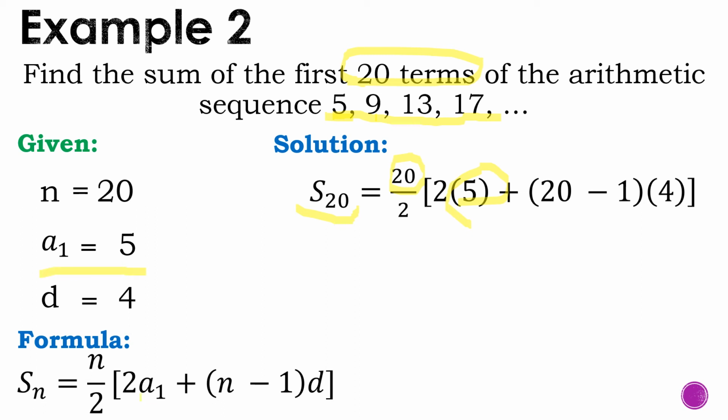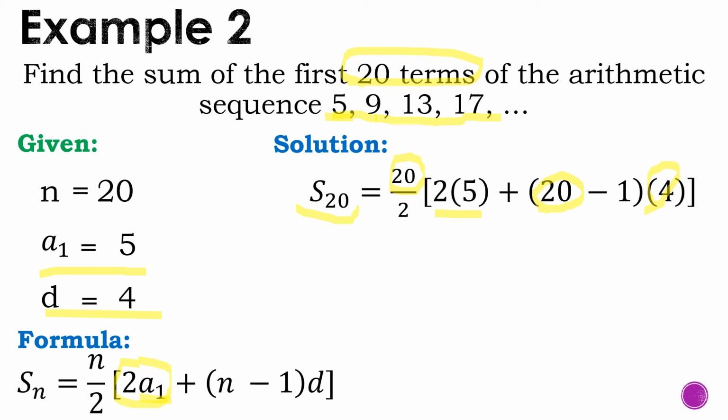As you can see here, this is a sub 1. By the way, the operation between 2 and a sub 1 is multiplication, okay? So, do not get confused why we put parentheses here, because the operation is multiplication. Plus, again, n is 20. And then, where do we get 4? 4 is our common difference.